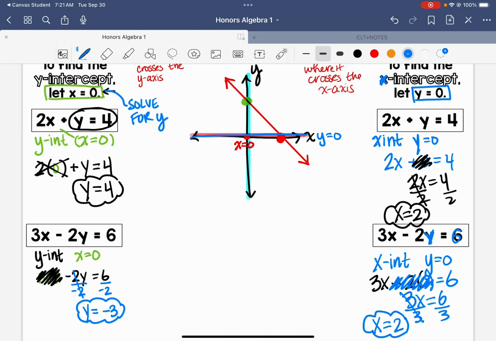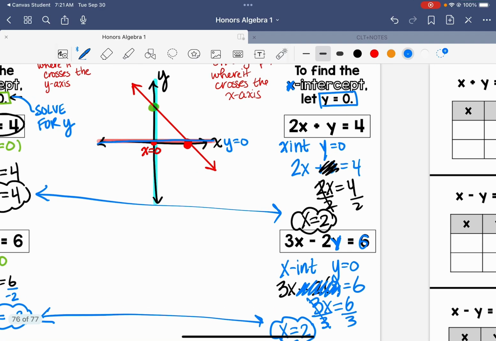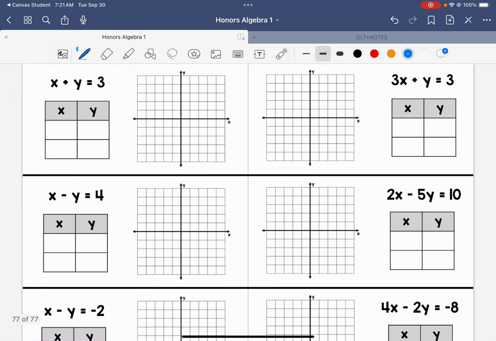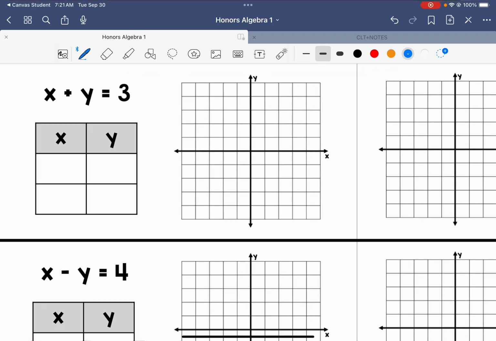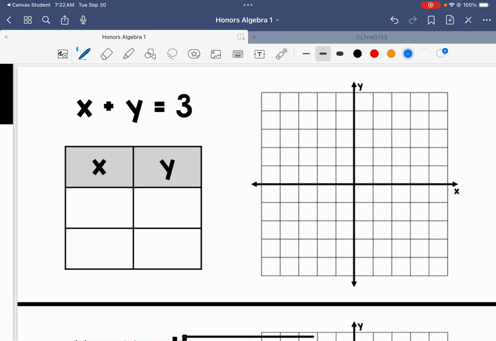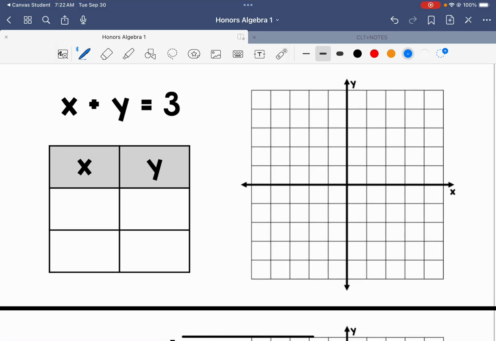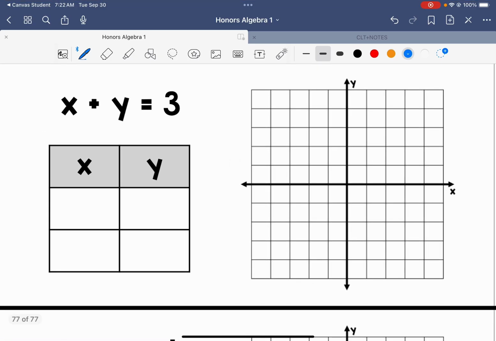So I could graph these two lines just with these bits of information. Let's turn to the next page and see if we can do that. For this first equation, x plus y equals 3, if I want the x-intercept, remember, y has to equal 0.